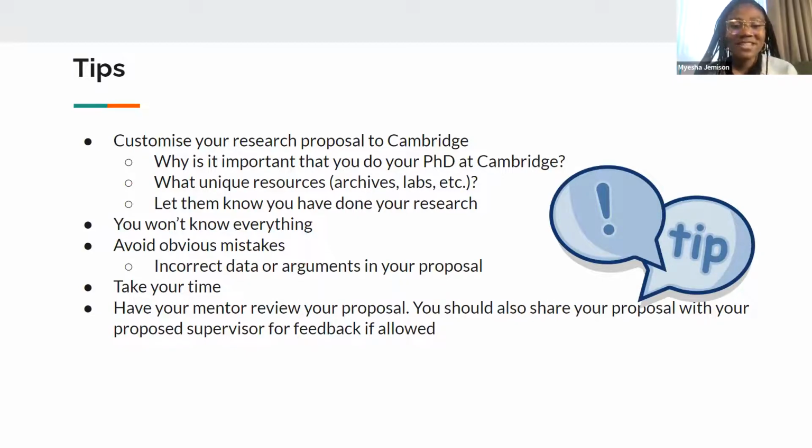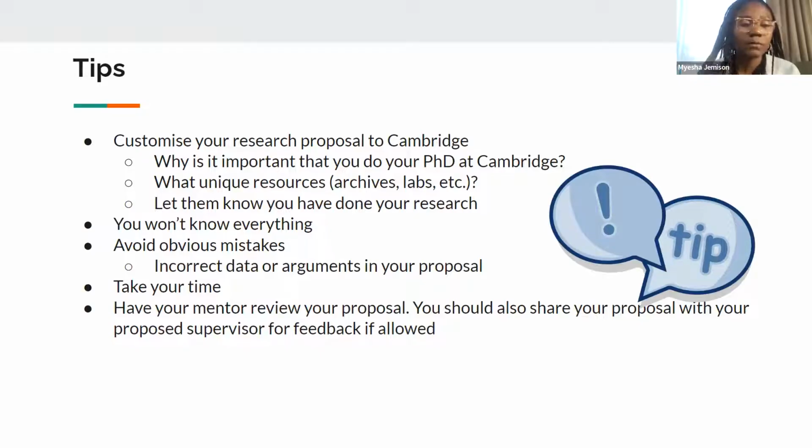That's why you're doing the PhD. There are questions you have that you're trying to answer. But as long as you have a clear reason for why you're doing your research here at Cambridge, and your proposal is specific to the Cambridge community, like the professors you're working with, the centers, and perhaps some previous research that's come out of Cambridge, that's helpful context to include.